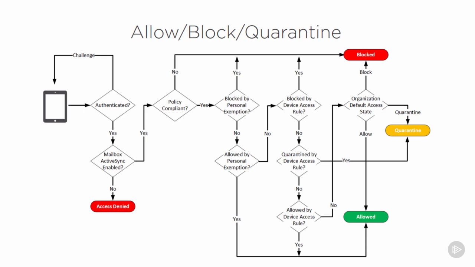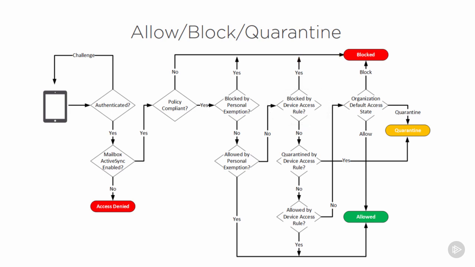So assuming that a device is not blocked or allowed by personal exemption, the next thing we move on to in the ABQ process is the device access rules. First, any device access rules that block the device are checked. If one is found, then yes, the device is blocked and nothing else in that ABQ workflow is checked.